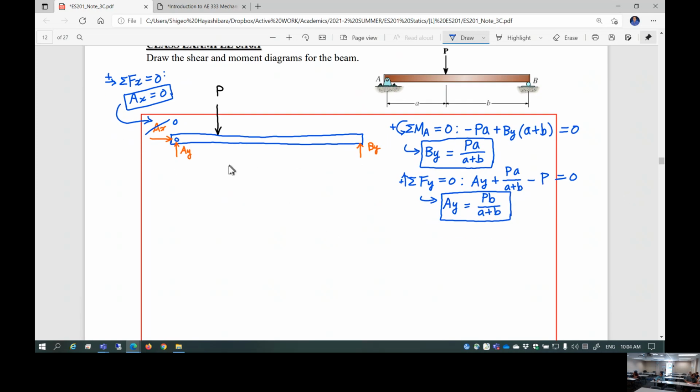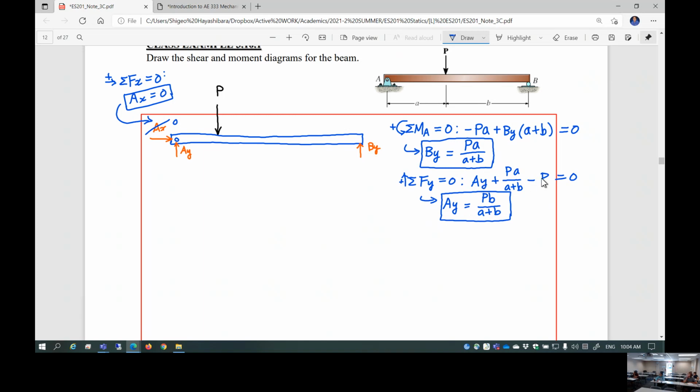So by observation, what kind of shear and moment diagram can you expect? Do you think shear changes? Of course shear changes, but at which location? How did you get AY?